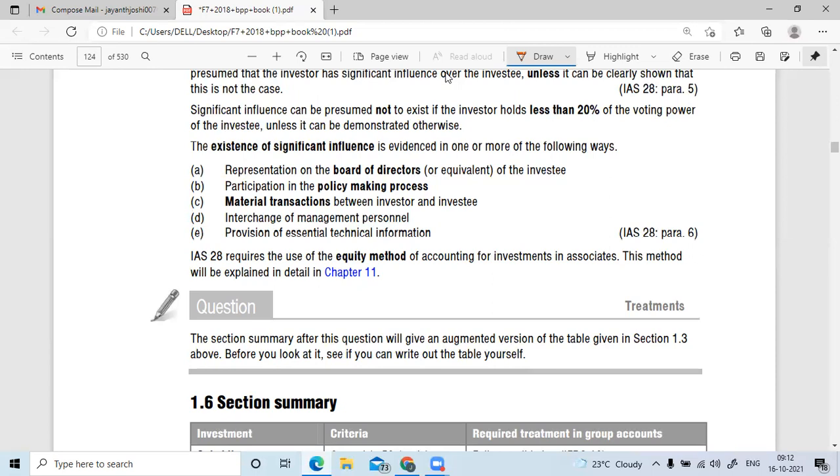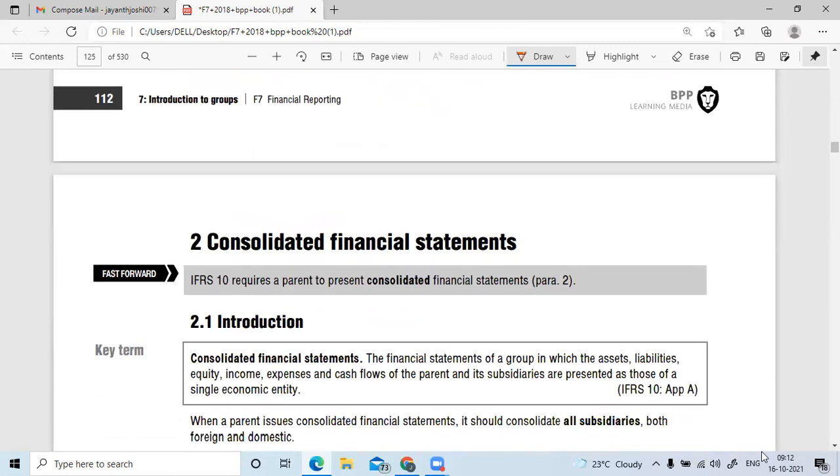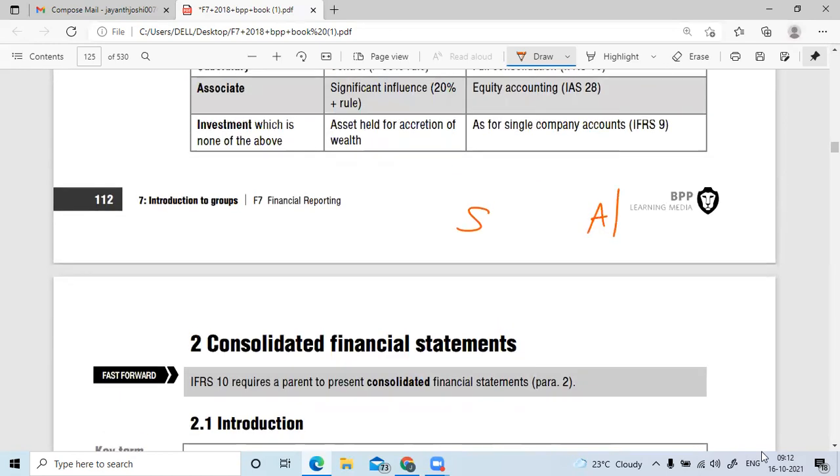Can anyone tell me what is the difference between a subsidiary and an affiliate or associate? See, parent, subsidiary: more than 51% holding in a company makes it a parent of that company, correct?